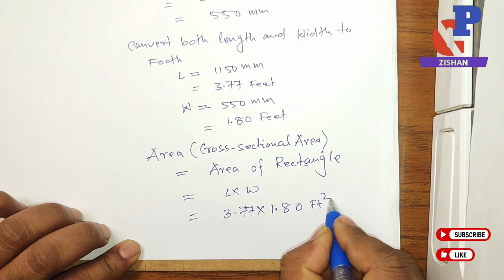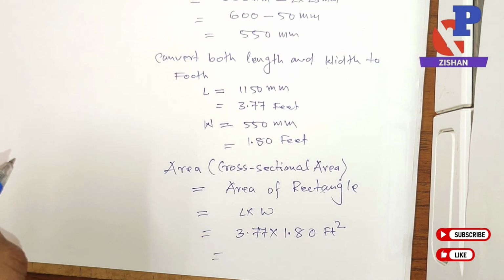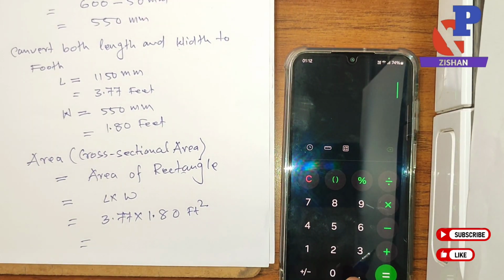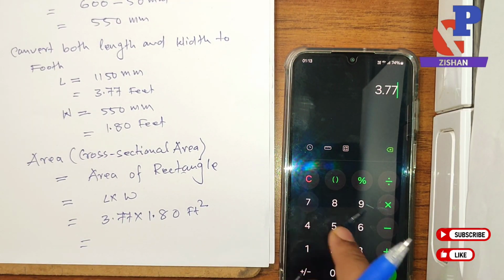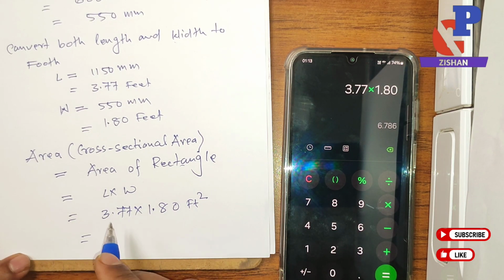After calculation we find that the cross sectional area is 6.786 feet square.